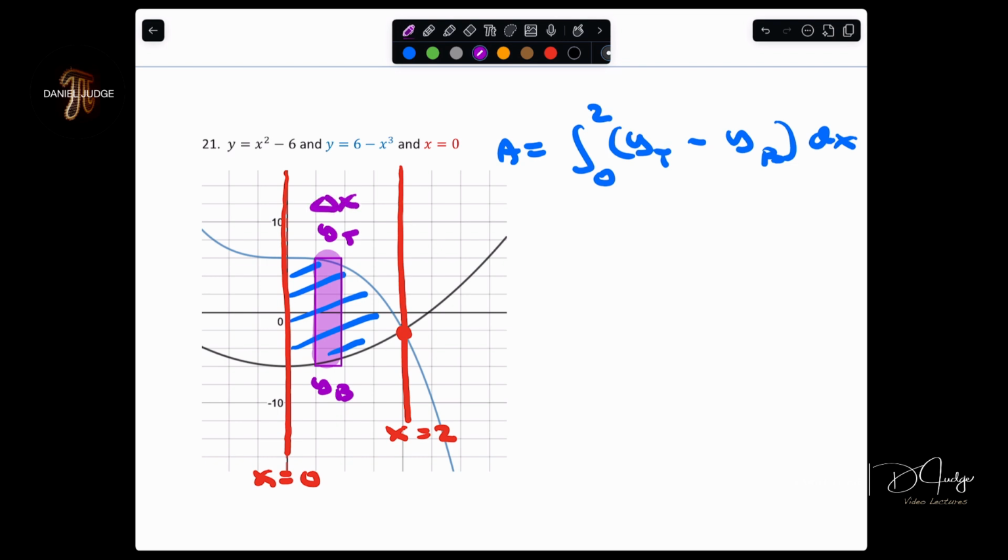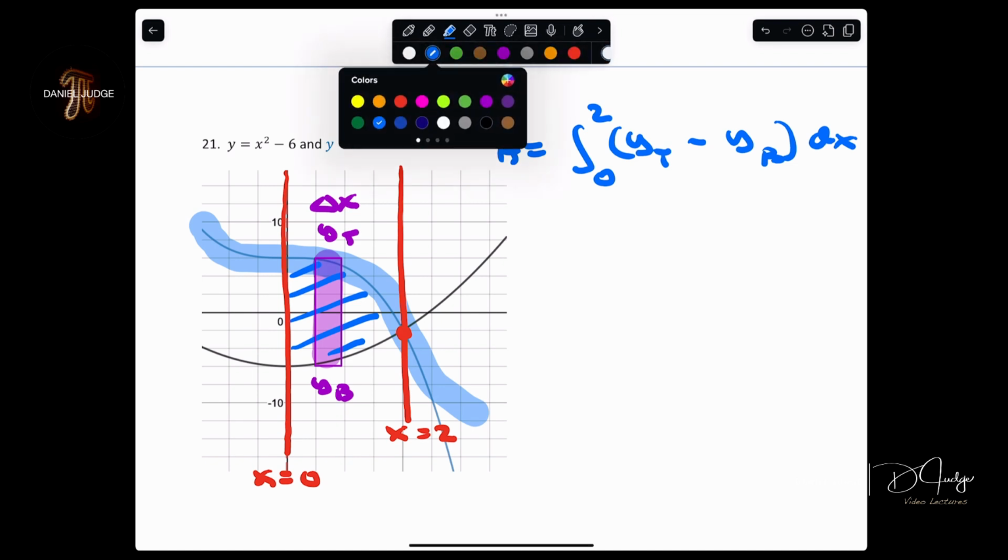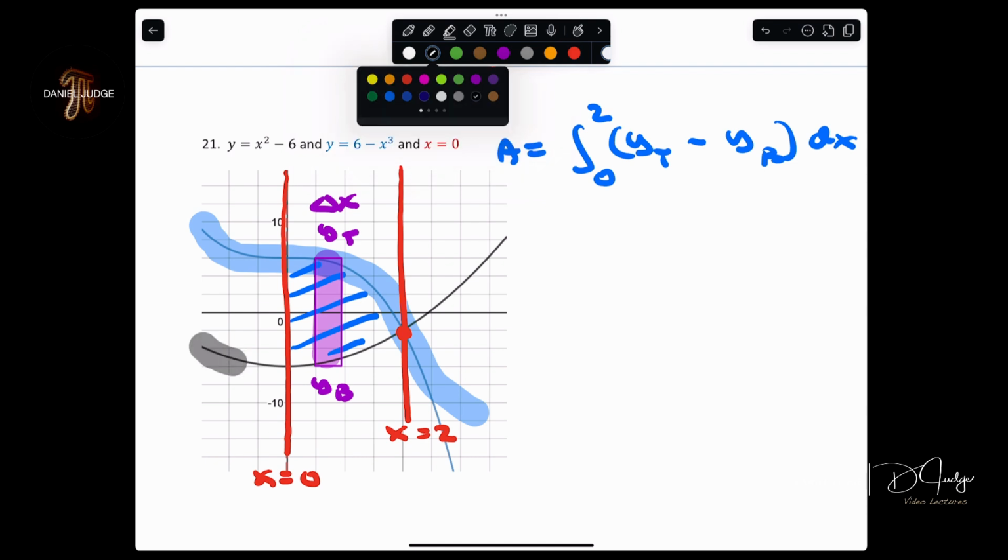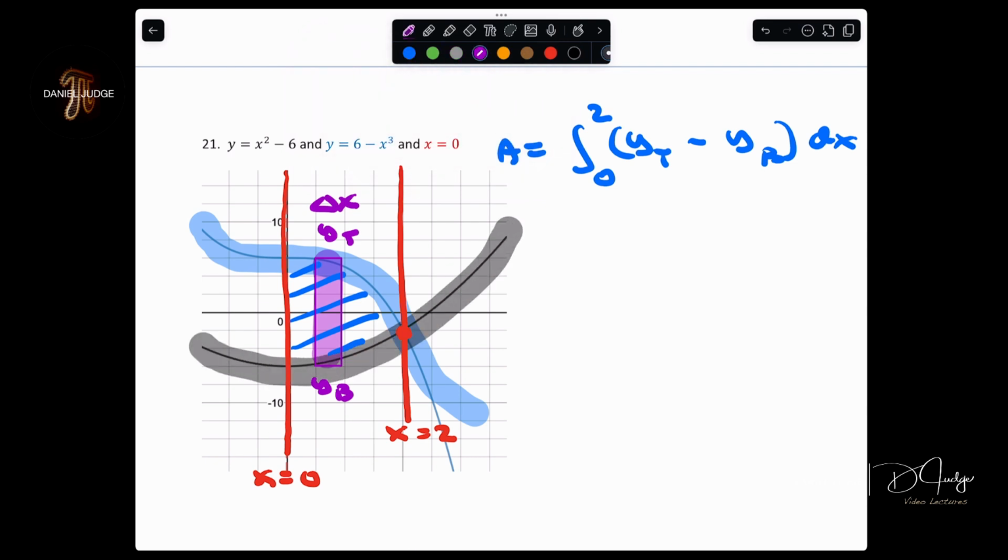So which is the top curve? Well, it's the blue curve because the Mr. Judge that did this worksheet years ago, I guess gave you the colors there. So the blue curve is on top, I guess. Top minus what?